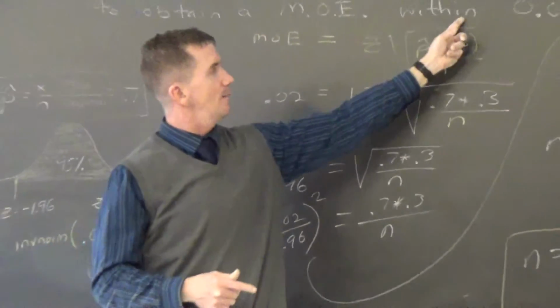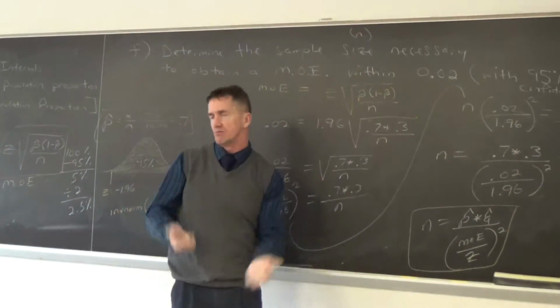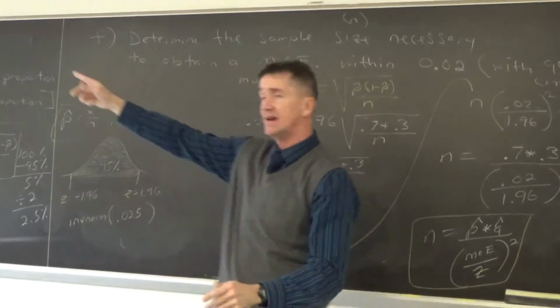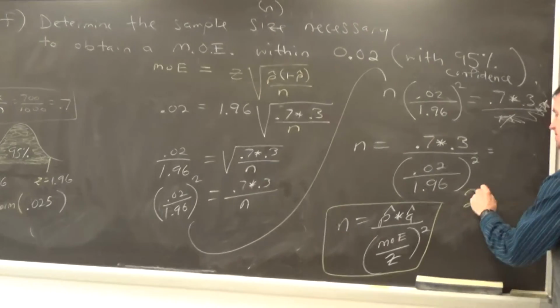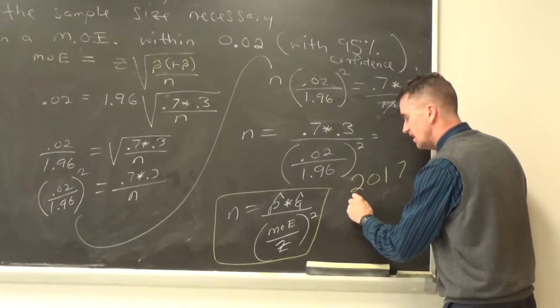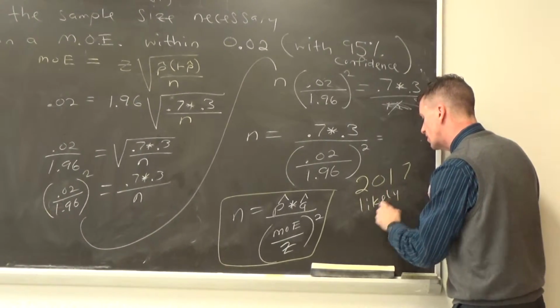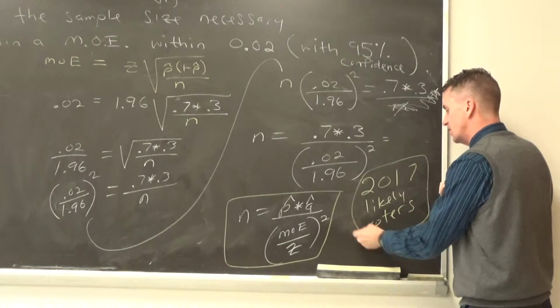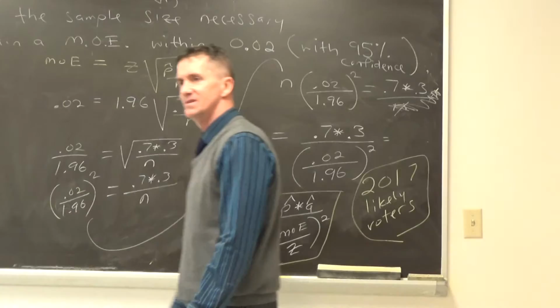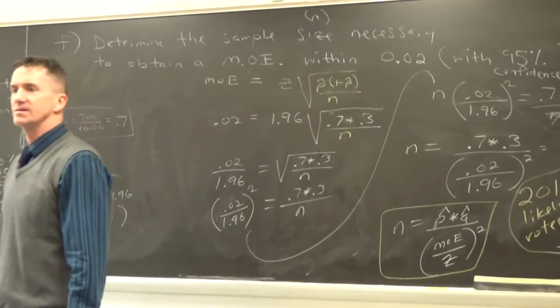We round up so it gets within. If you round it up, you always get it within. So I'm going to go to the next integer, which is 2017 likely voters.